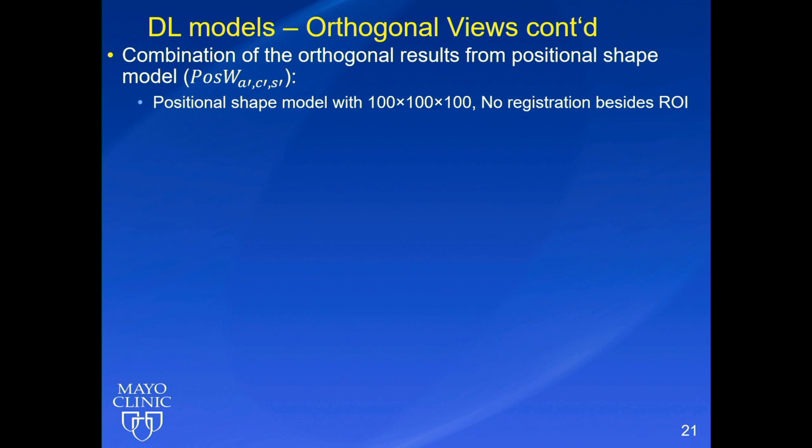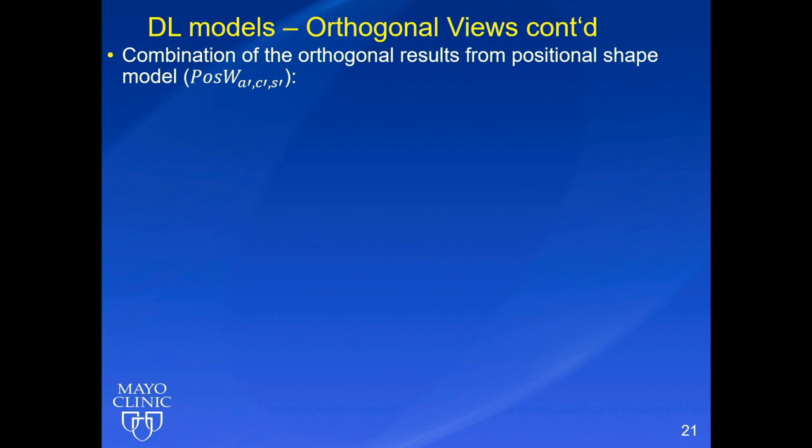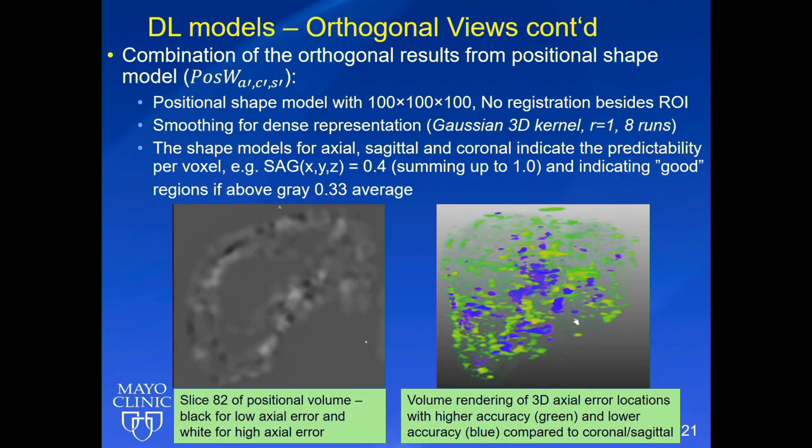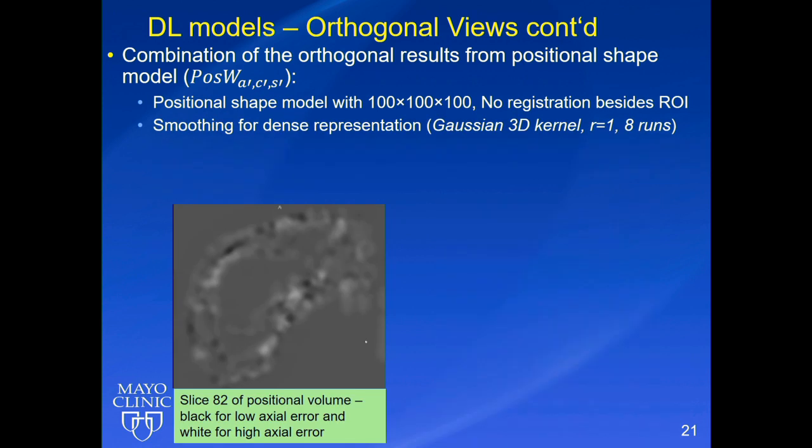So how to combine them? I had a statistical shape model in mind, with the premise that in the cranial caudal area, the axial model is expected to be worst. So if you consider a cube, axial, coronal, sagittal is strong in 4 of the directions of the cube and weak in 2 of them.